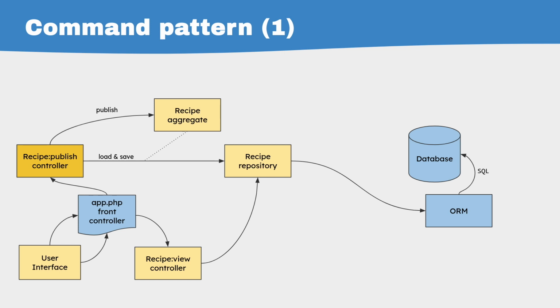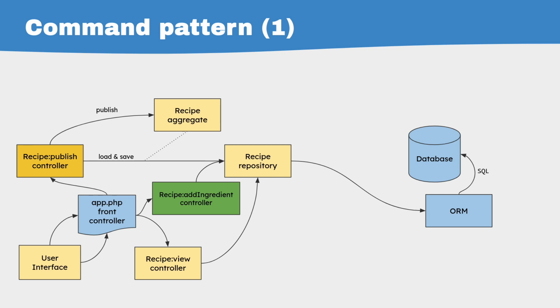So now we don't have a recipe edit controller anymore. We now have a recipe publish controller, which just calls a publish method on the recipe aggregate. And then that recipe aggregate just itself sets the necessary data properties or performs the necessary actions on its state to say it is published. Probably it's just, hey, this published is true right now.